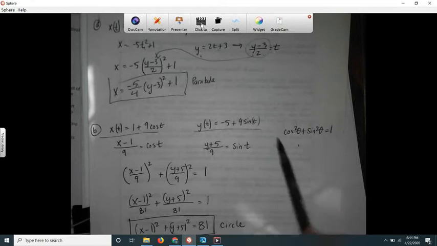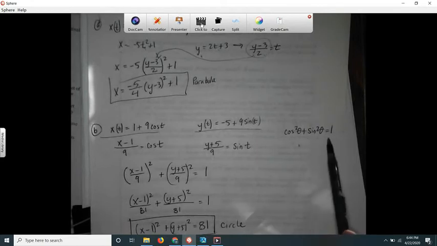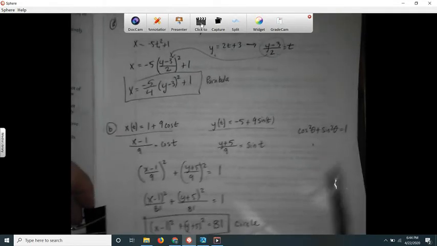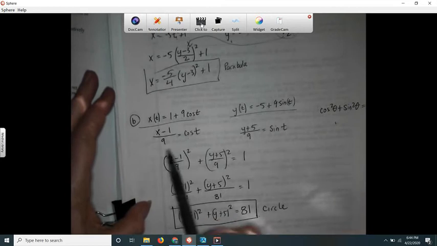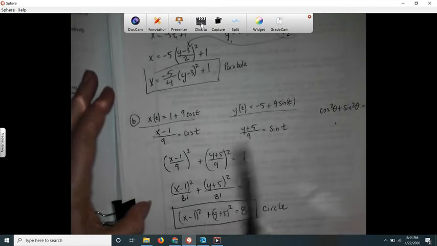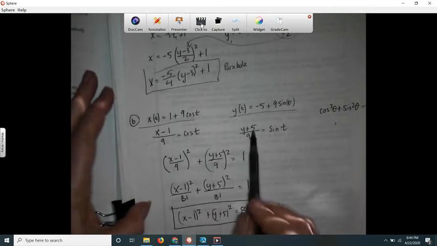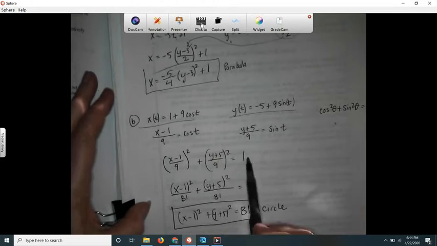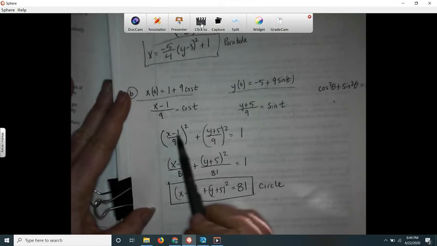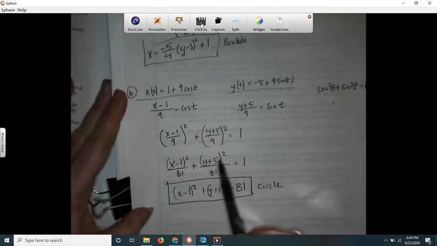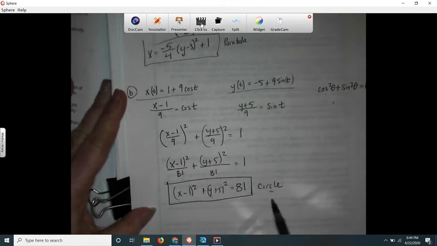So this is going to work out nicely, watch. If this is cosine t, then I can square it: cosine squared theta plus sine squared theta equals 1. Then I can fix it up: x minus 1 all squared, and 9 squared is 81. So that turns out actually to be a circle.